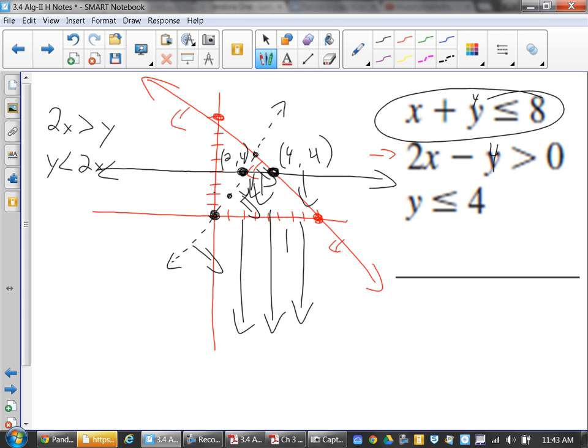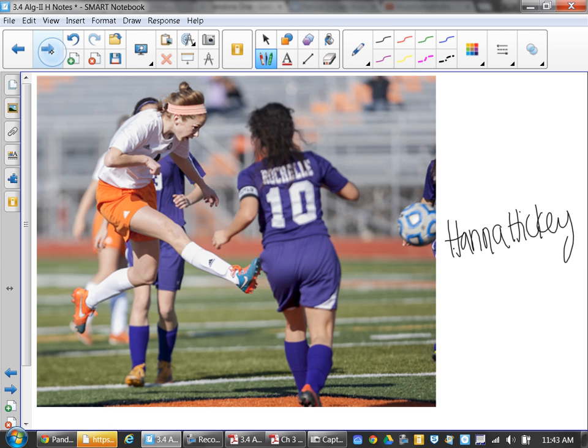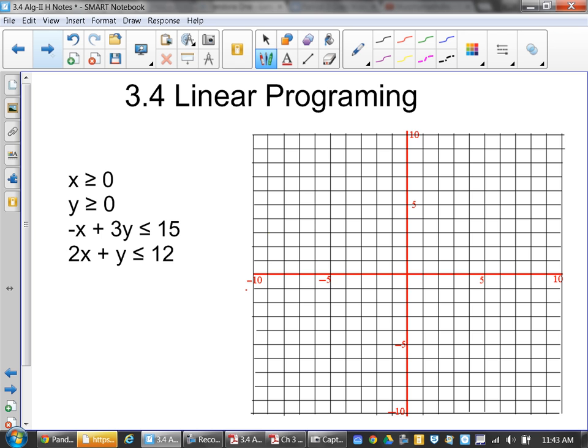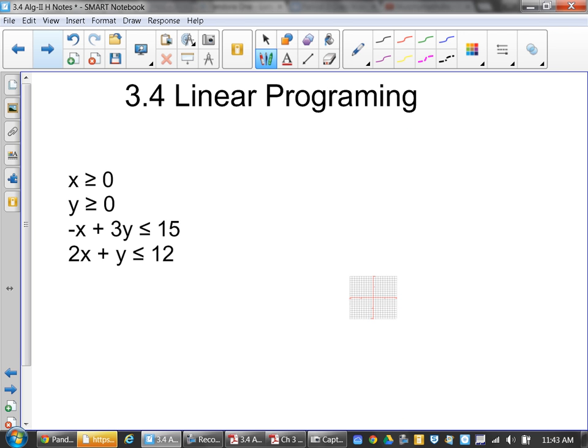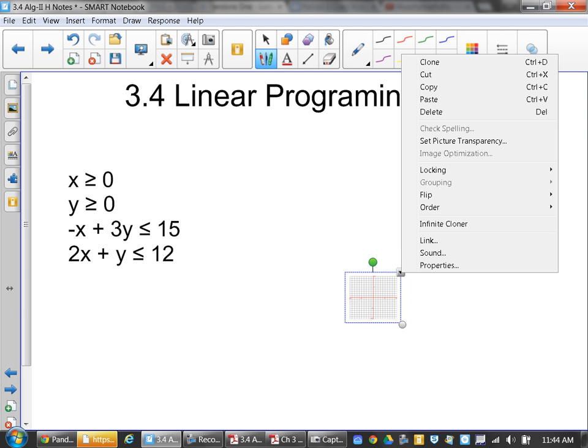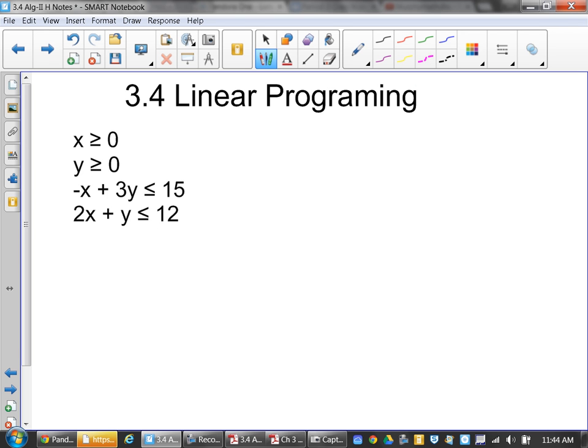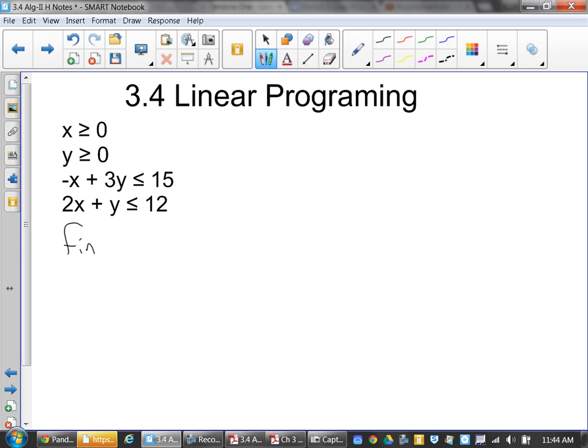What this is going to allow us to do are problems like this. What we're going to do here is find a maximum and minimum value of what's called a constraint.